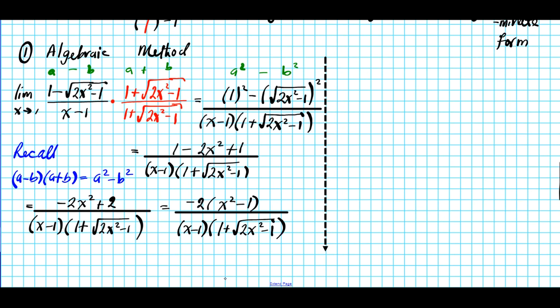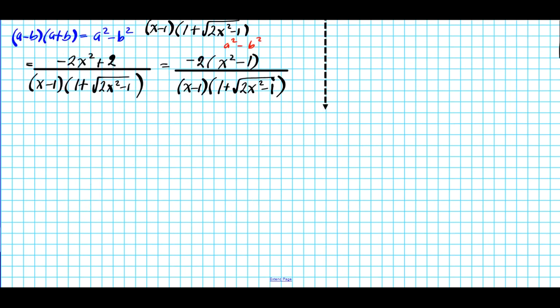Okay? Now, what can we do to the numerator so that we can cancel x minus 1? If you take a close look at the numerator, you will notice that we have a difference of squares again. We have a squared minus b squared. But it is in its expanded form.